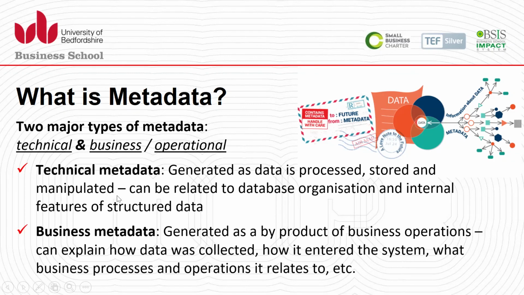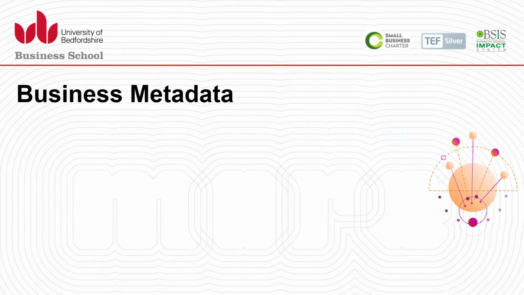If you compare technical metadata to business metadata, which is generated as a byproduct of business operations, it can explain how data was collected initially, how it entered the system, and what business processes and operations it relates to. So business metadata is the data that adds a business context to other data.